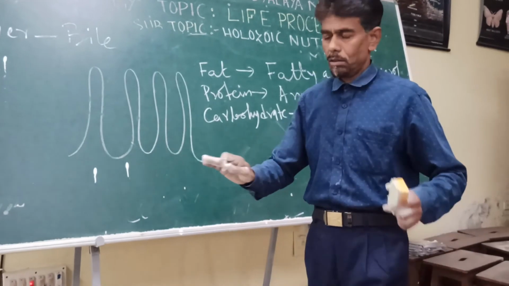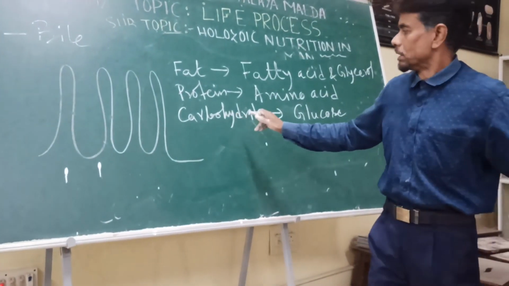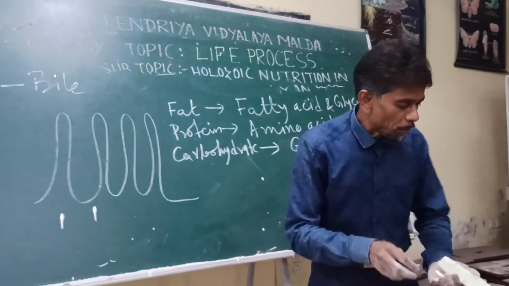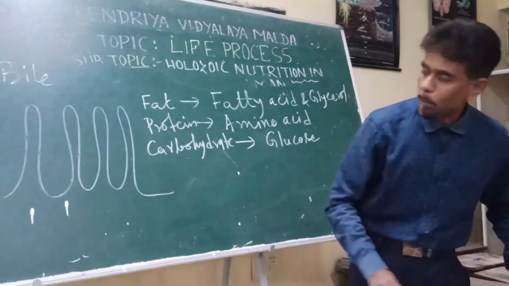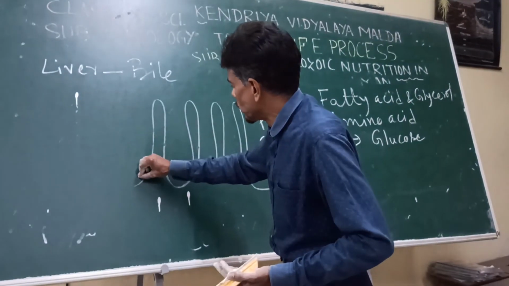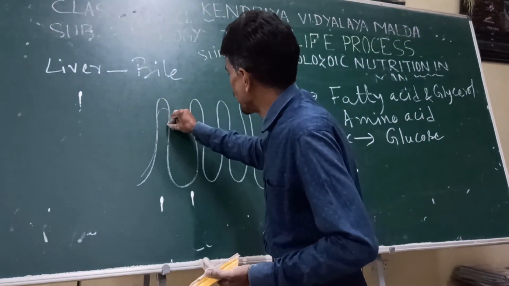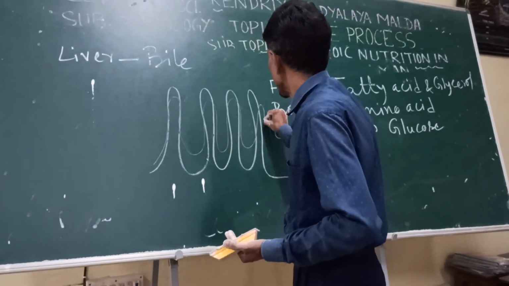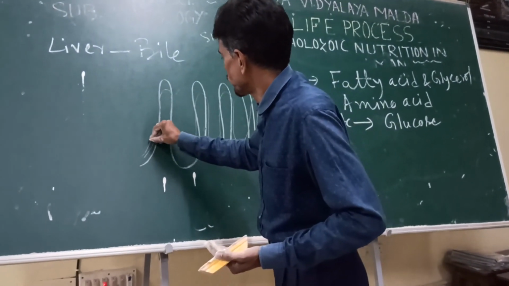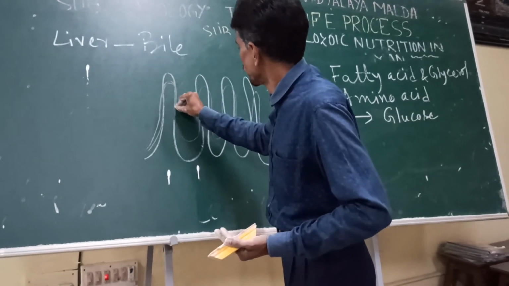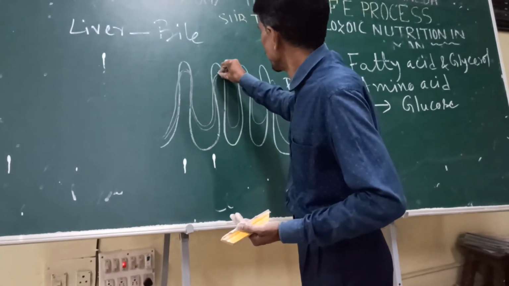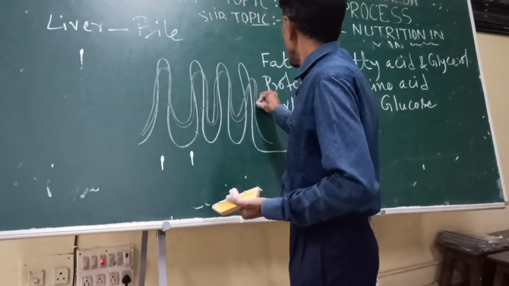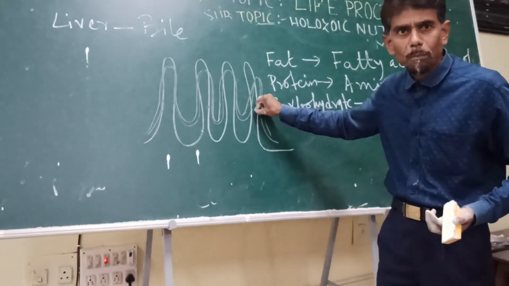They help in the absorption of food. Along with the villi, the blood vessels are also running parallelly.